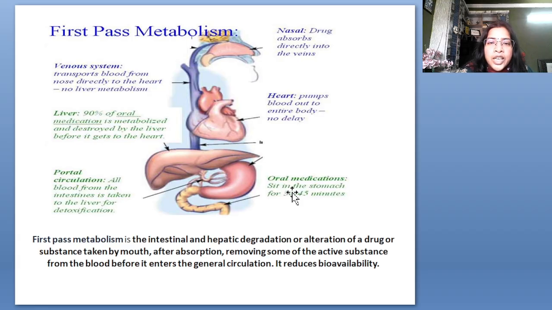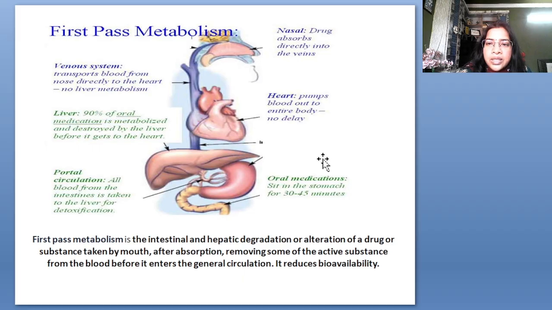The venous system transports blood from the nose directly to the heart. No liver metabolism. In the liver, 90% of oral medications are metabolized and destroyed before they get to the heart. Portal circulation: all the blood from the intestine is taken to the liver for detoxification. Nasal administration absorbs directly into the veins. The heart pumps blood out to the entire body, no delay.